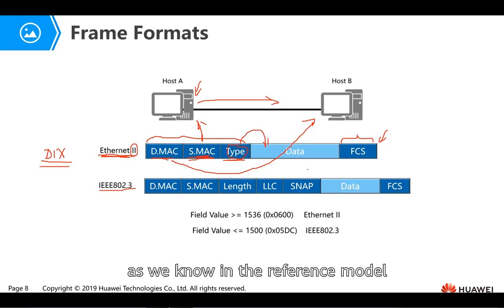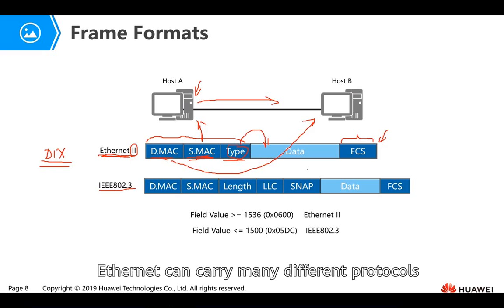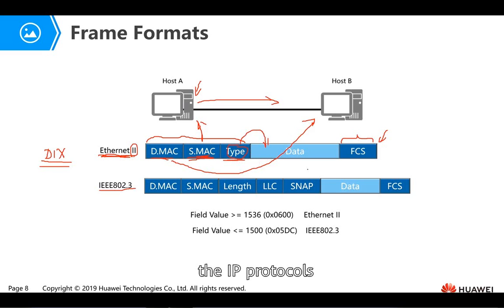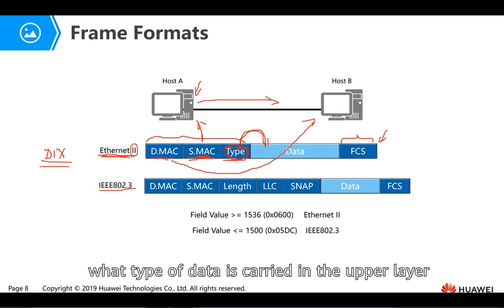As we know from the reference model, Ethernet can carry many different protocols: the IP protocol, Novell's IPX protocol, and IBM's protocols. Then how do we identify this? We just use this type field, to identify what type of data is carried in the upper layer.